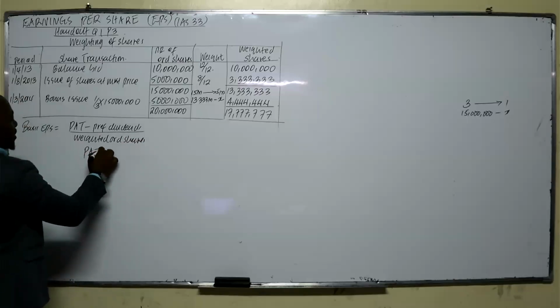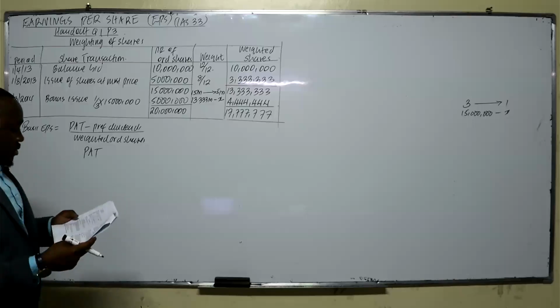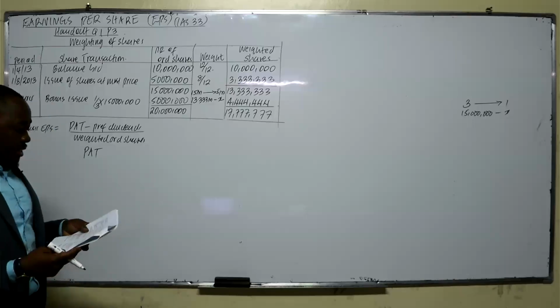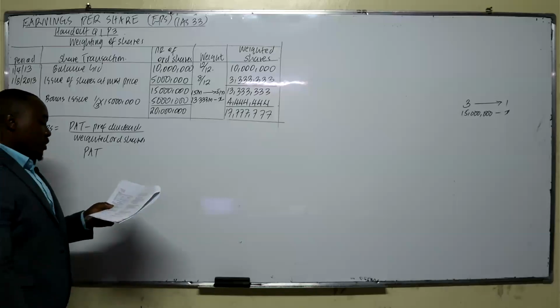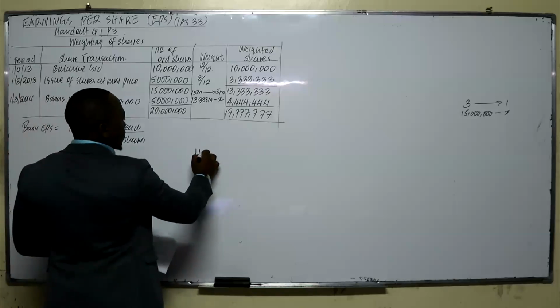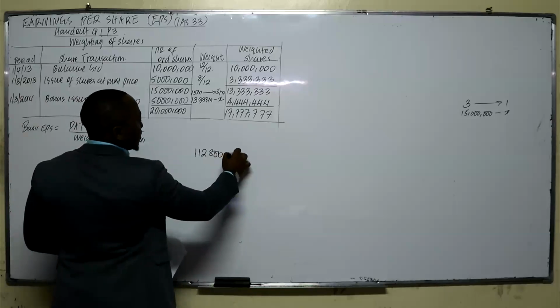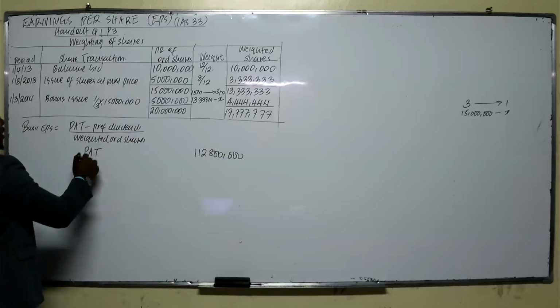So we have the profit after tax. In the first paragraph, Mark Limited reported profit after tax of 112.8 million for the year ended 1st of March 2014. So profit after tax was 112.8 million. Then we subtract the preference dividends.